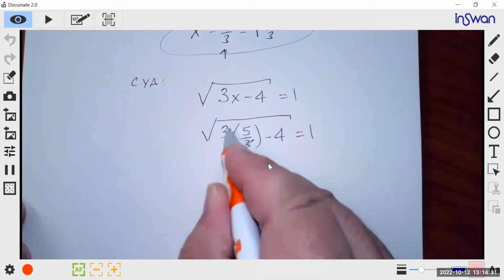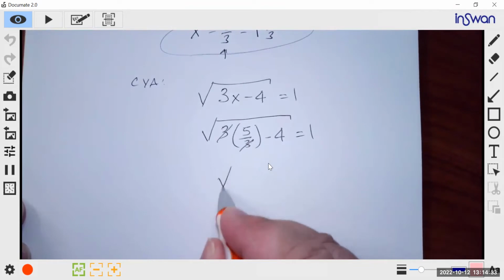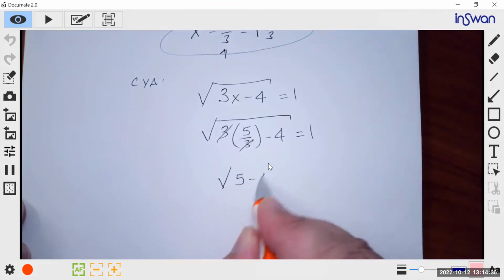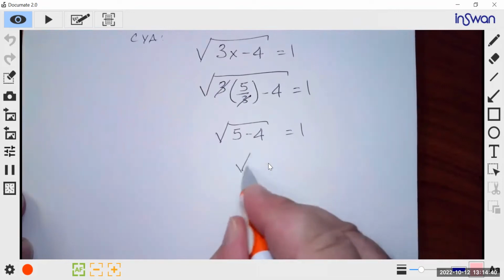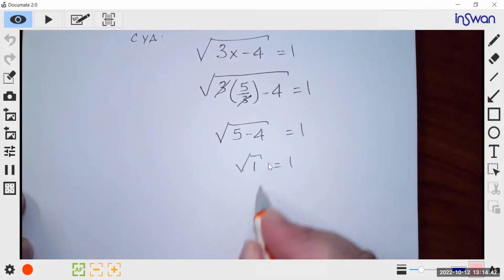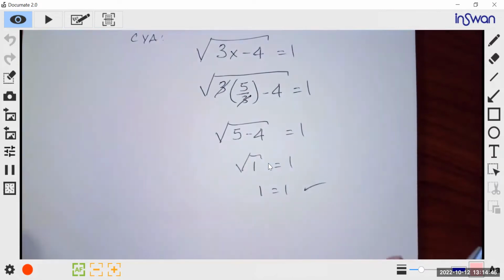The 3's cancel. So we have 5 minus 4. 5 minus 4 is 1. Square root of 1 is 1. So our answer is correct.